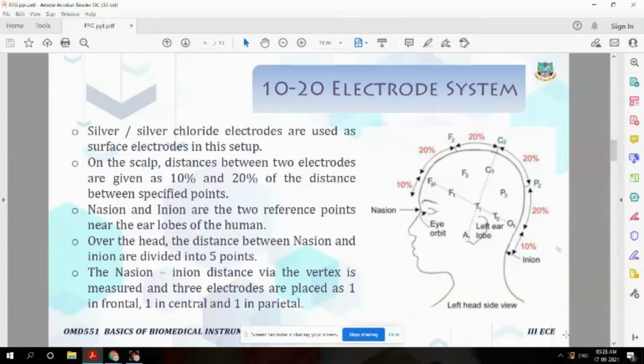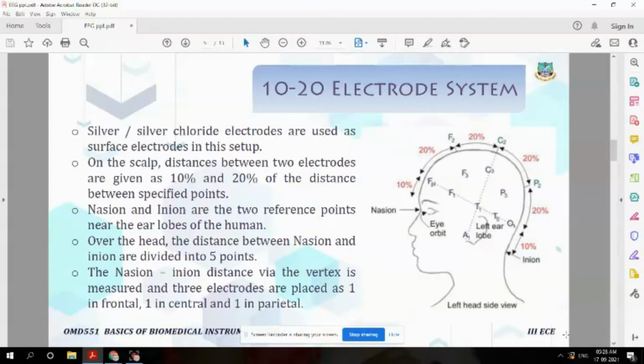On the scalp, we fix some locations, or some points, on our brain. The electrodes will be placed at 10 percent and 20 percent distances between the specified points on the scalp. So it is called the 10-20 electrode system.